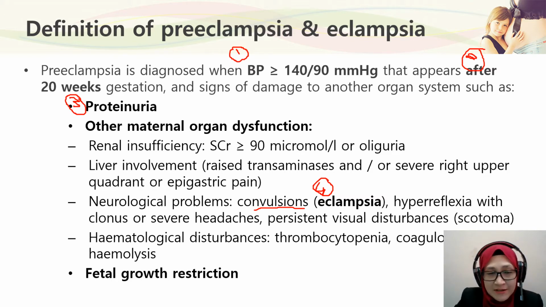Renal insufficiency can also occur as a sign of organ dysfunction, liver involvement like raised transaminase, or epigastric pain. Neurological problem, if they do not have convulsion, they can also complain of severe headache or visual disturbances. And also hematological disturbances, they can have thrombocytopenia, low platelets, coagulation disorders, or hemolysis.